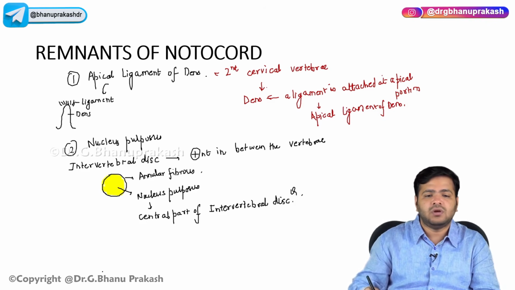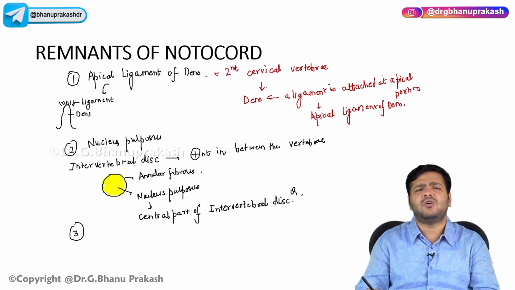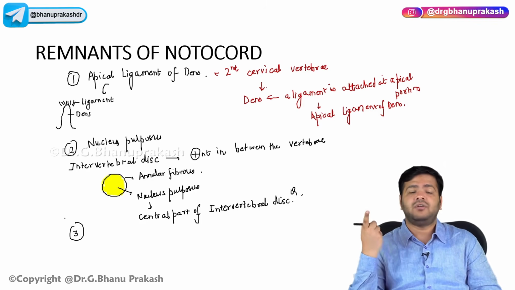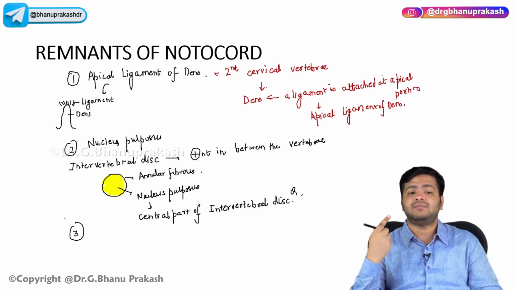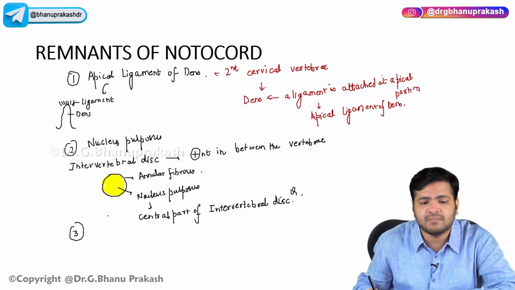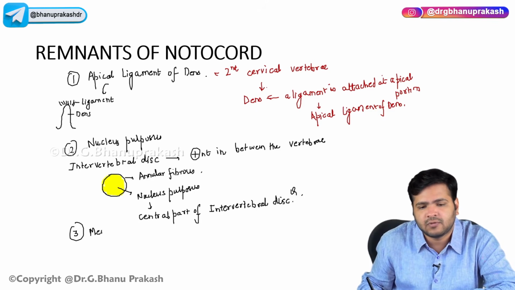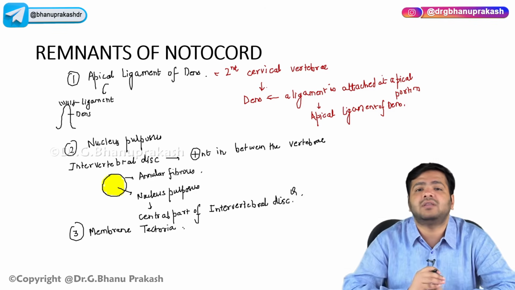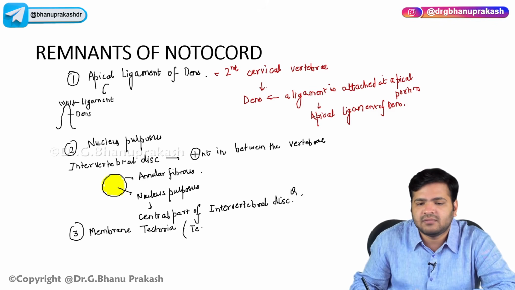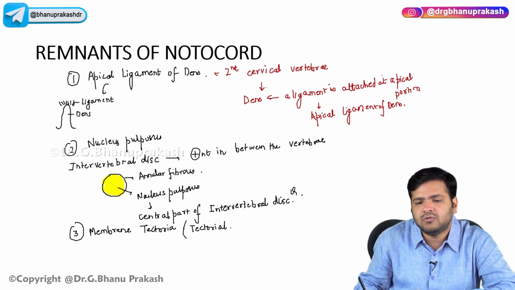Now one more thing you can remember: the notochord anyway has to disappear, right? Its remnants are present in our body, which I have already talked about, the apical ligament of the dens and the nucleus pulposus. Apart from that, you can also remember the membrana tectoria, also called the tectorial membrane, right?